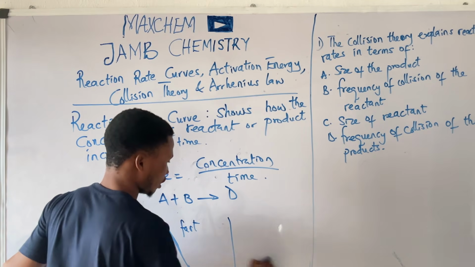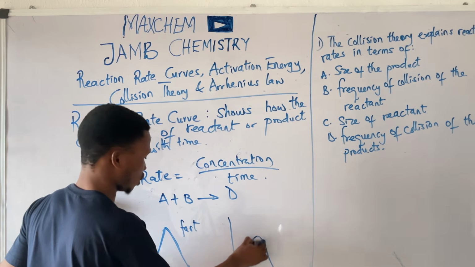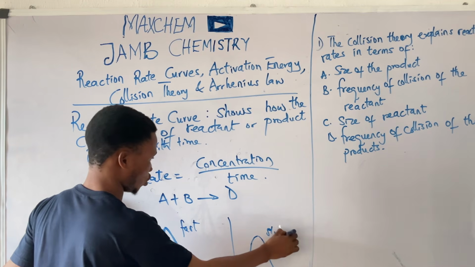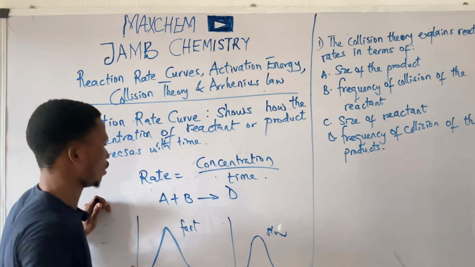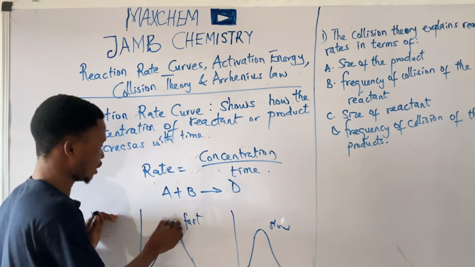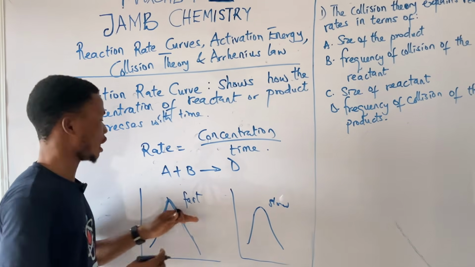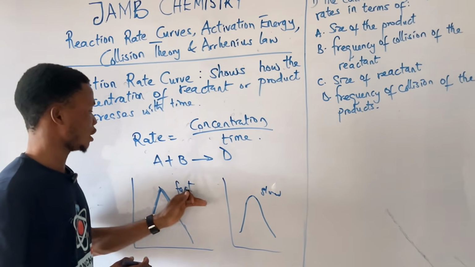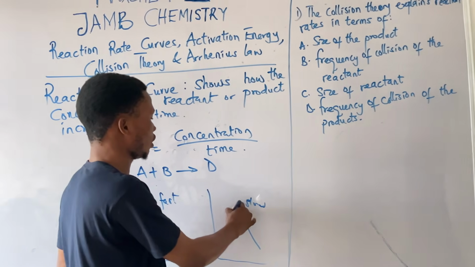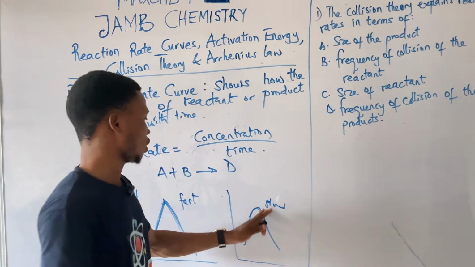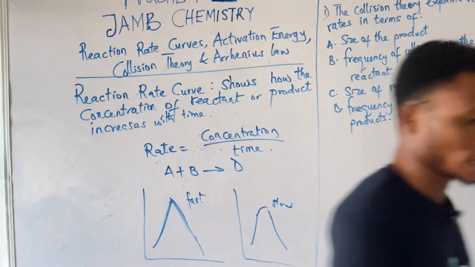When the slope is not sharp, it shows a slowdown in the reaction. So the steepness of the graph shows how fast the reaction is. If the curve is steep, the reaction is fast, and if the curve is blunt, then the reaction is not that fast.